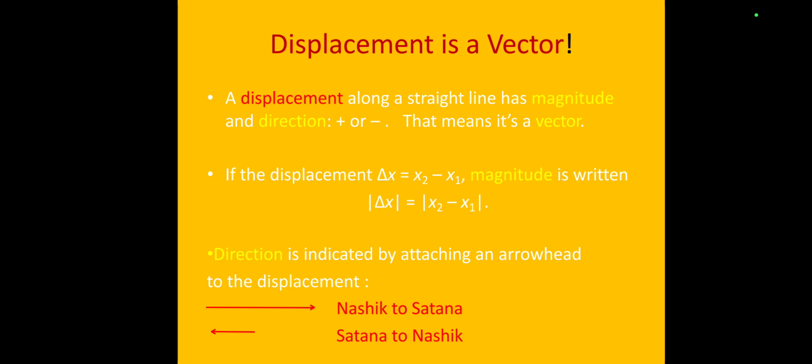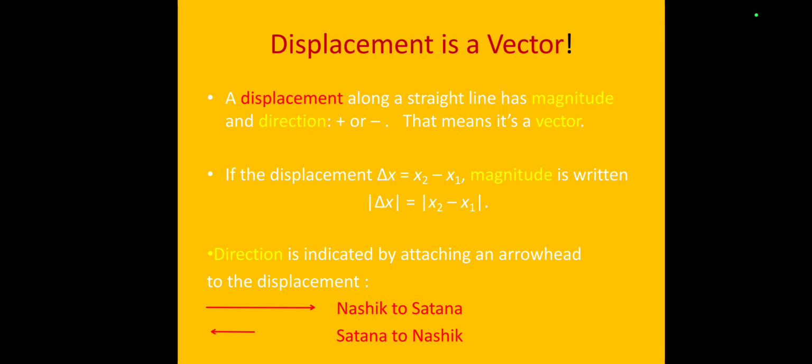Displacement is a vector. A displacement along a straight line has magnitude and direction, that means plus or minus. That means it's a vector because it has a direction. If the displacement delta x is equal to x2 minus x1, the magnitude is written as mod of delta x is equal to mod of x2 minus x1, because the direction has positive or negative signs, but the magnitude does not have any sign.